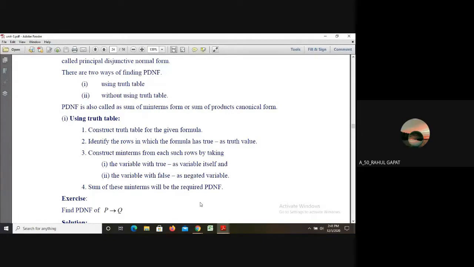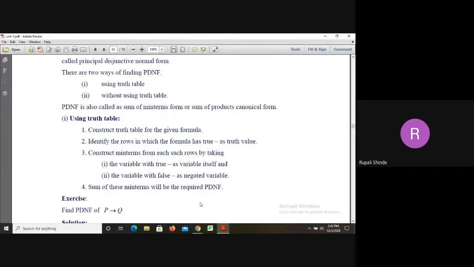Negation P or Q. Because out of these four terms, we have considered three terms for PDNF. So just one term is remaining, and that term is negation P or Q. So that is the PCNF form.